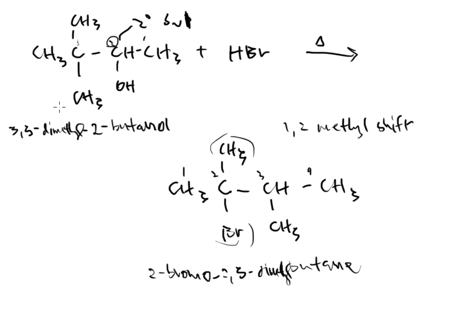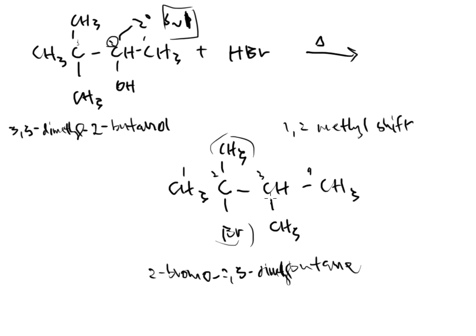So I've taken, listen up, I have taken 3,3-dimethyl-2-butanol, and I have reacted it with hydrobromic acid. The hydrogen from the hydrobromic acid has protonated the OH alcohol group. That protonated alcohol group now is a very good leaving group, and that decides to leave in a SN1 reaction mechanism. That frees up a carbocation.